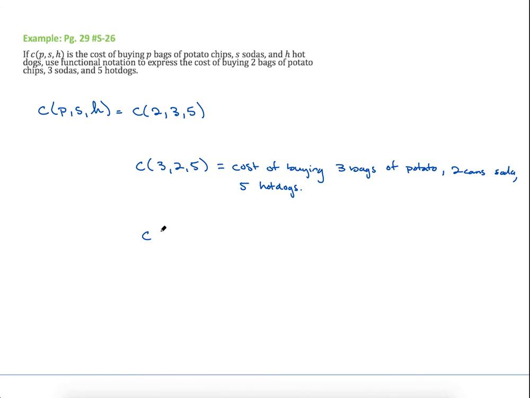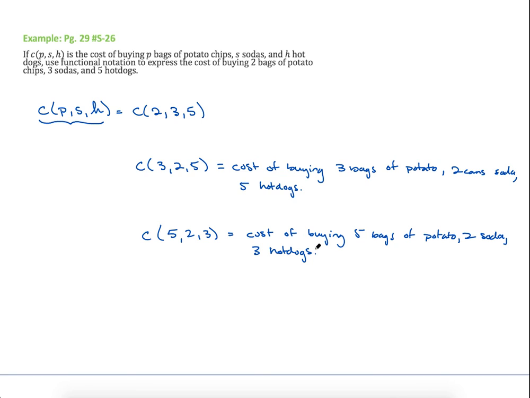Again, if I were to rewrite this in a different order, 5, comma, 2, comma, 3, this notation now has a different meaning, and that meaning depends on the notation. So this order is really, really important. Because once I change the order, now I'm saying that this represents the cost of buying 5 bags of potato chips, 2 cans of soda, and 3 hot dogs.